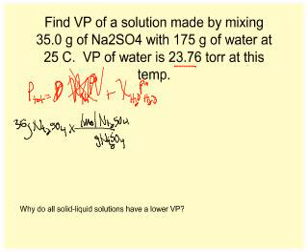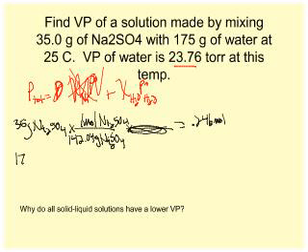Sodium is 22.99 times 2, plus 32.06 is sulfur, plus 64 is oxygen. 142. That's all I needed, those moles. And 35 divided by that answer is 0.246 moles.